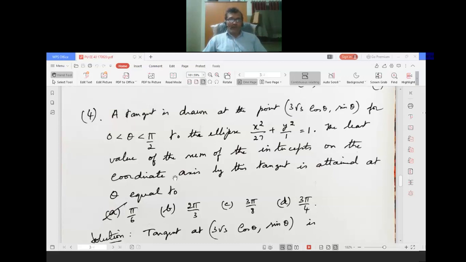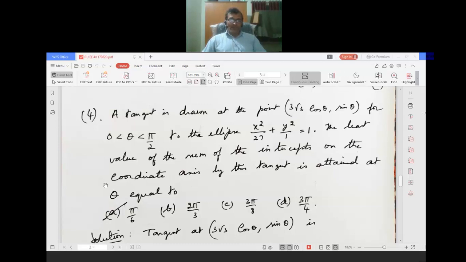Question number 4. A tangent is drawn at the point (3√3 cos θ, sin θ), for 0 < θ < π/2, to the ellipse x²/27 + y²/1 = 1.